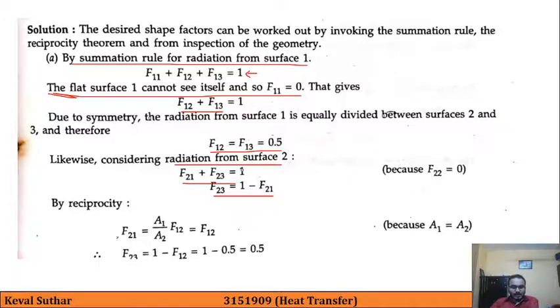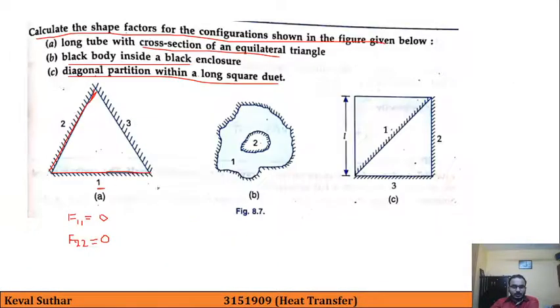Now by reciprocity theorem we can obtain this, that we already know, and A1 is equal to A2. Why? Because the surface area of 1 and surface area of 2 will be equal because of the equilateral triangle.